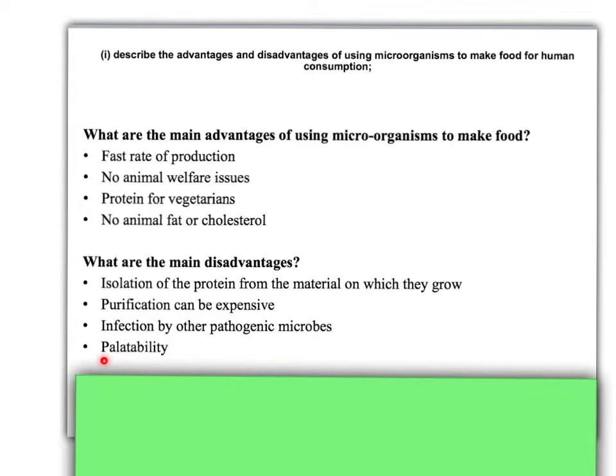So that looks at traditional use of microorganisms to produce beer and bread and cheese and yogurt, and the advantages and disadvantages of that. It also looks at more recent biotechnological processes to produce mycoprotein from agricultural waste as food for humans. Moving on to the next slide.